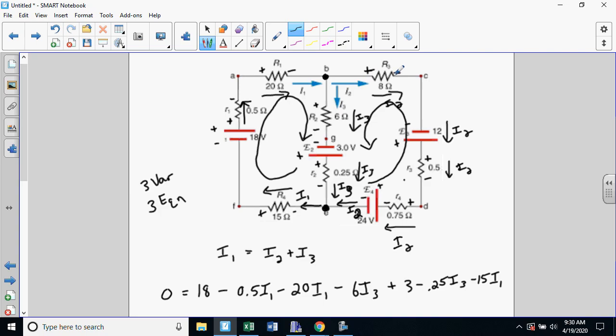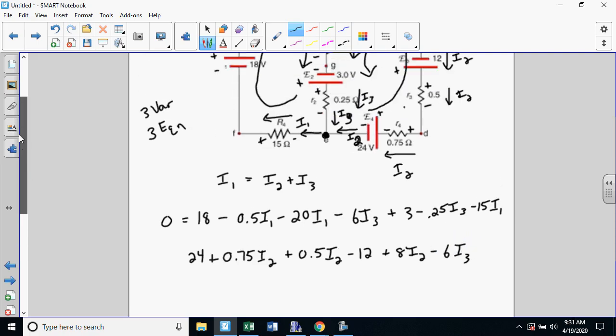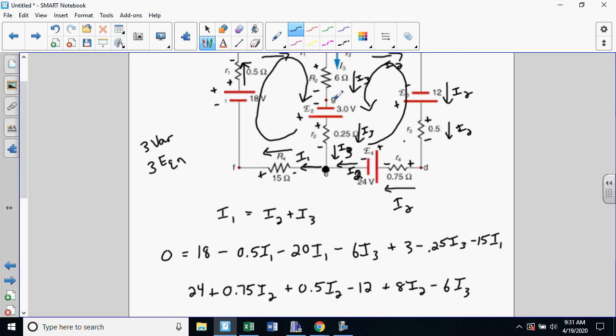Okay. Let's continue down through the third branch. Finally, when I get to this 6 ohm resistor, I'm going from high to low. So that is a drop there from high to low. That is minus 6. And in that branch, we have a current of I3. And then we are going to go through the 3 volt battery.